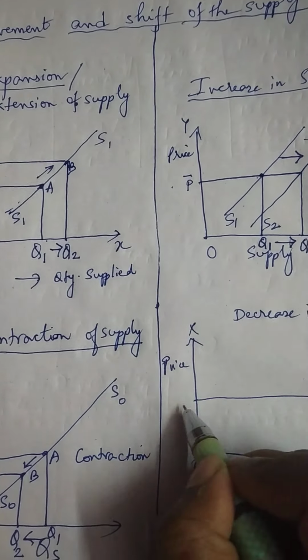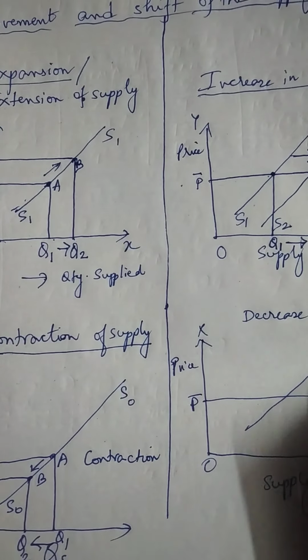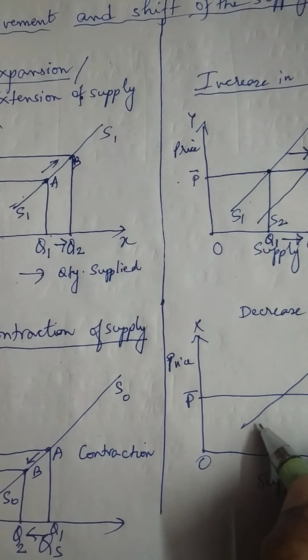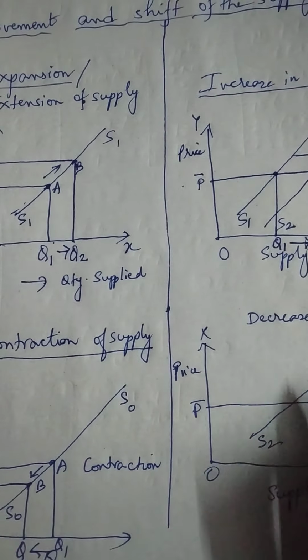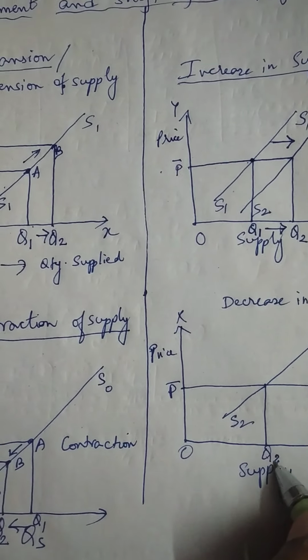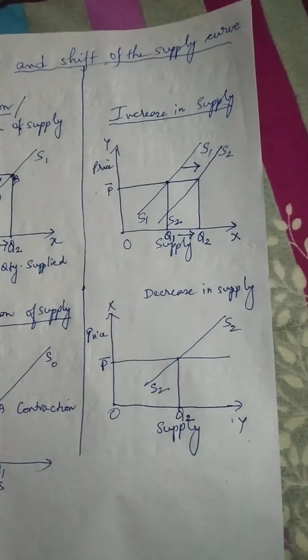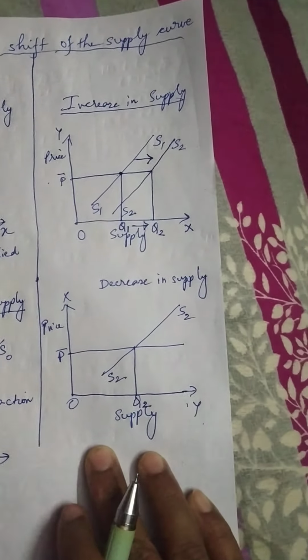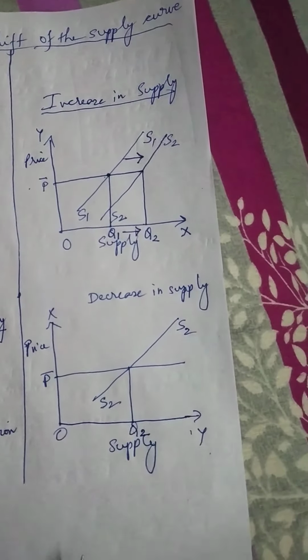Price remaining unchanged. Suppose this is the initial supply curve, S2, and this was the initial quantity, say Q2. Yes, supply, initial supply.